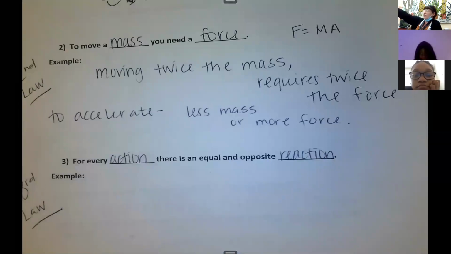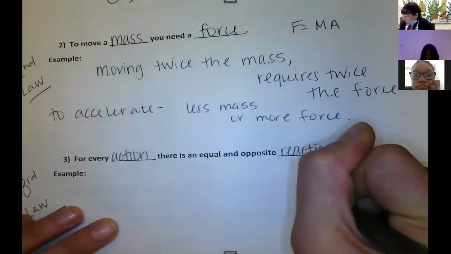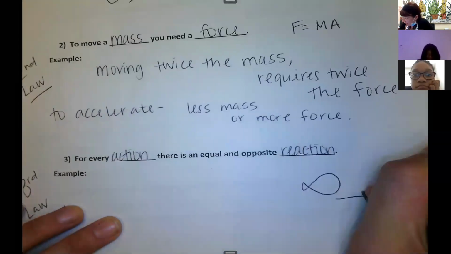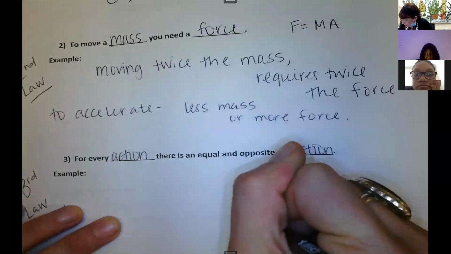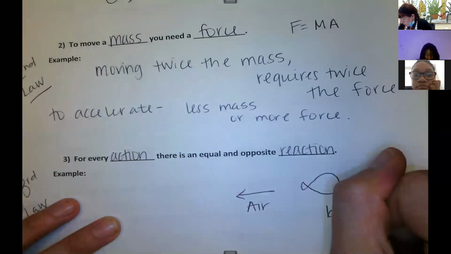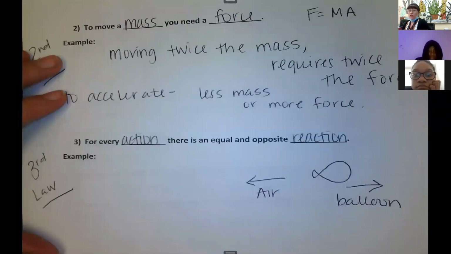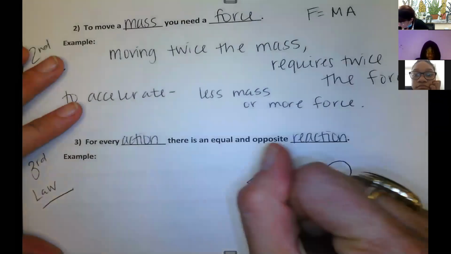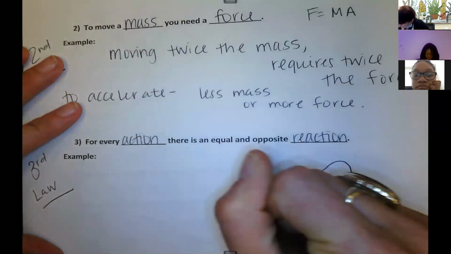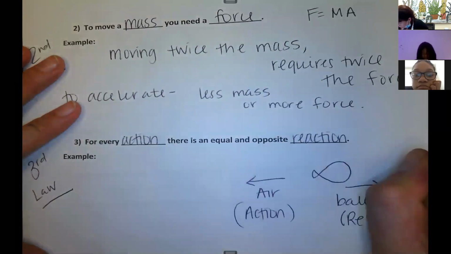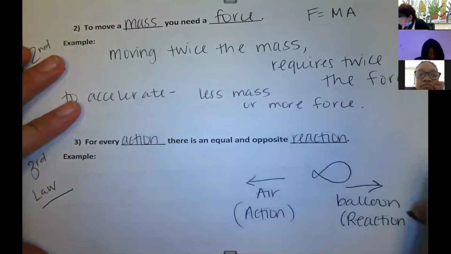Have you ever noticed? If I let a balloon go, the balloon goes this way, but the air goes this way. So the action is the air, and the reaction is the balloon moving.